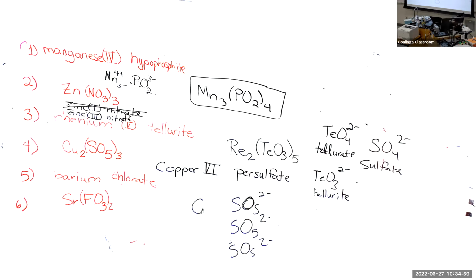We have 2 coppers. Okay, this adds up to a total of 6. Each copper has to be what? So is it copper 6? Copper 3. The charge. Okay, I see where I went wrong.